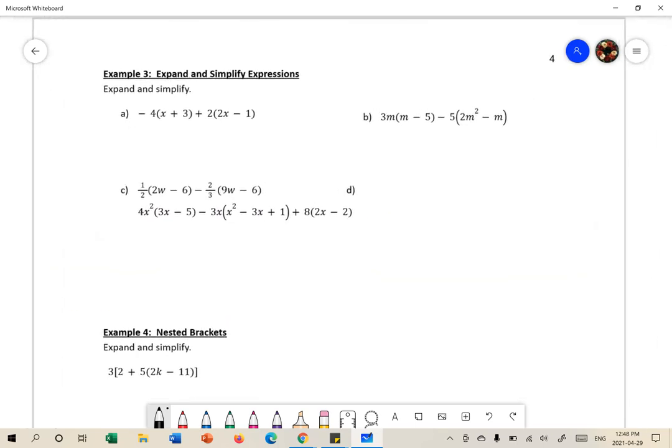Last page. Expand and simplify. So the coefficients in front of the polynomials are various values. But we're still going to multiply the coefficient by all the terms inside the brackets.